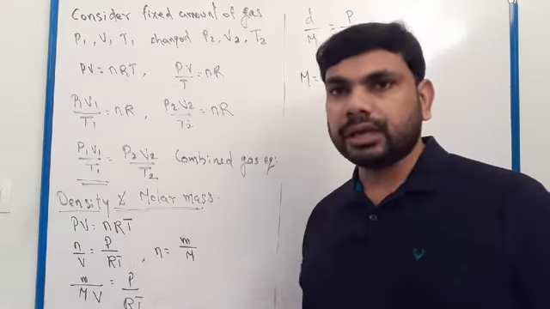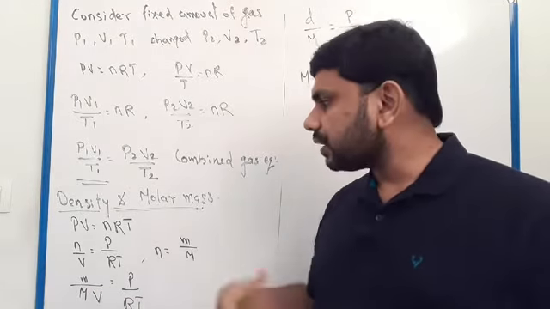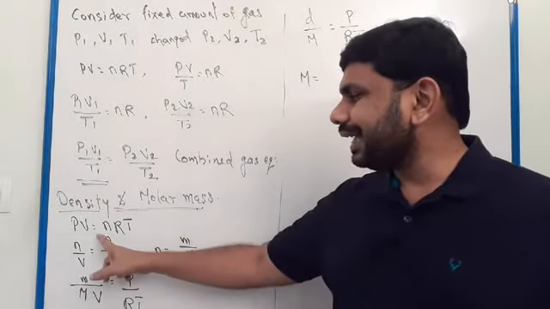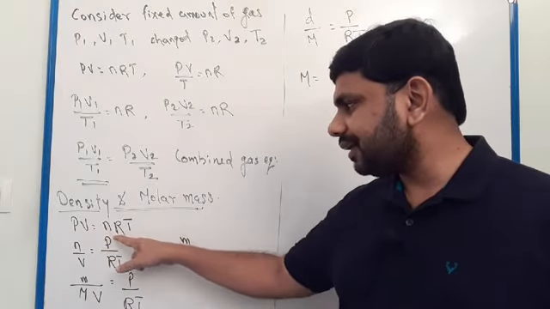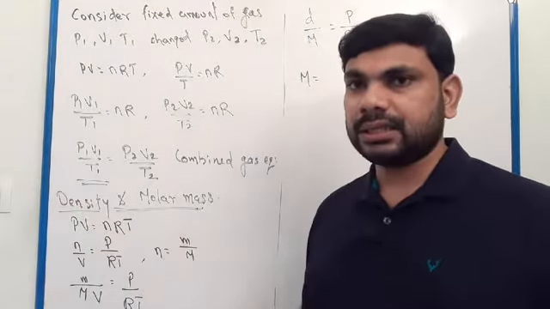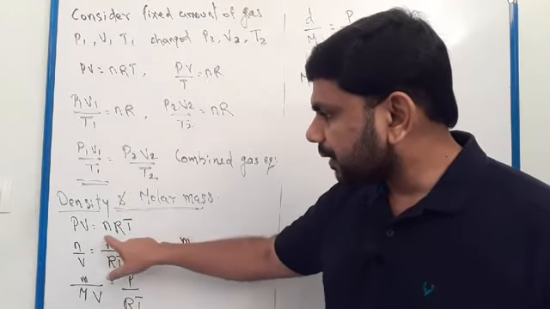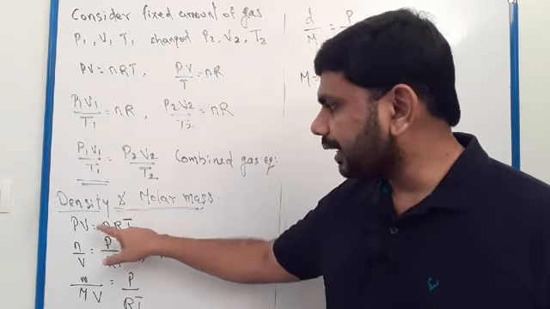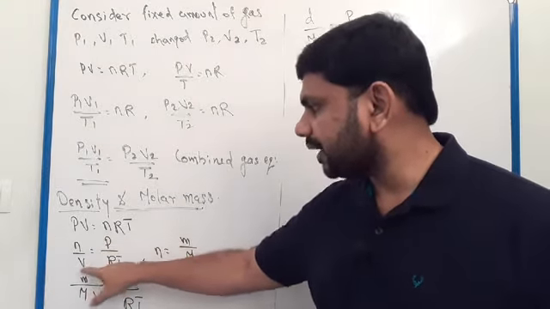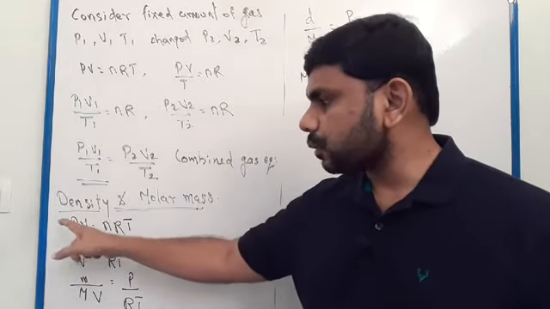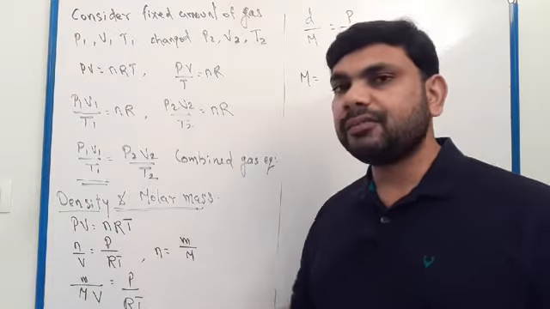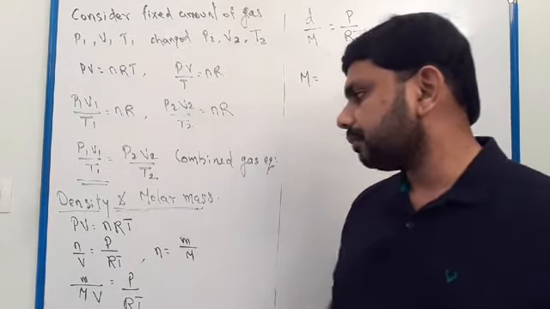After rearranging this equation, bring V over here, so n by V. And RT goes over there. So n by V equal to P by RT.